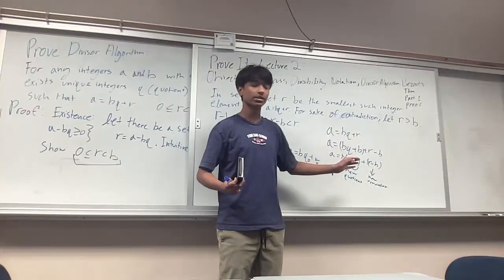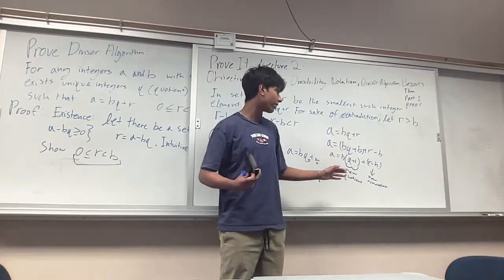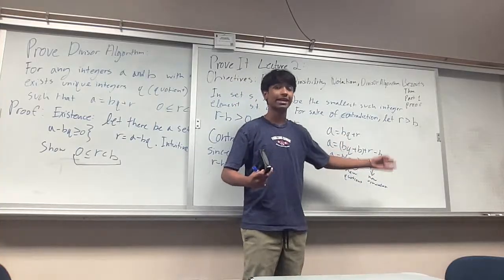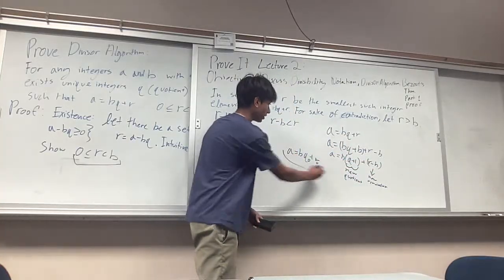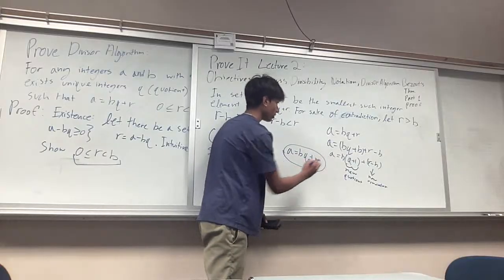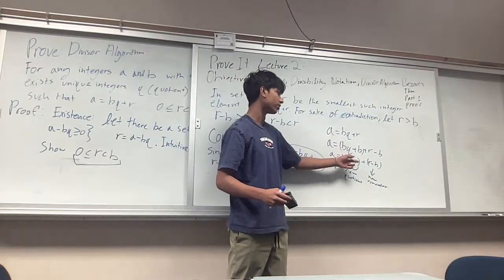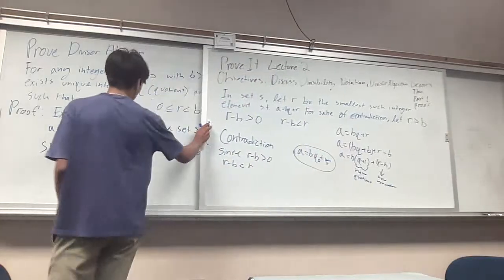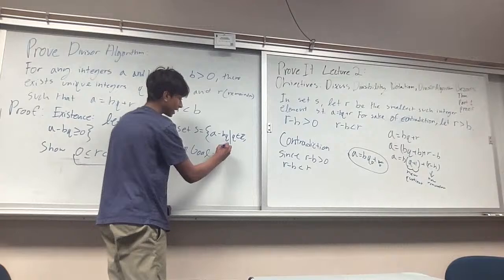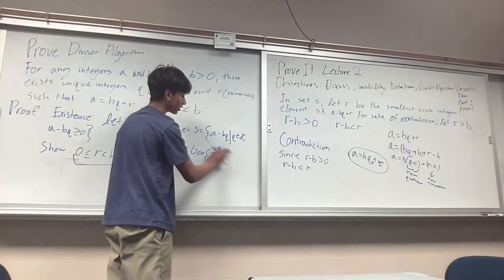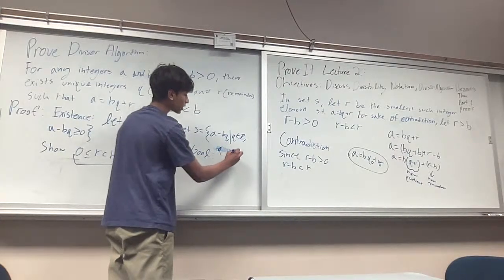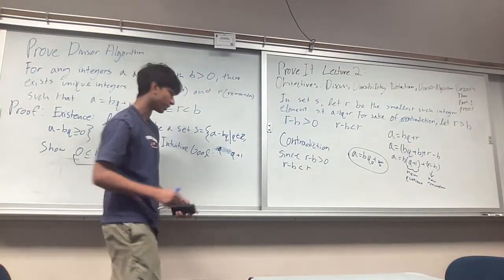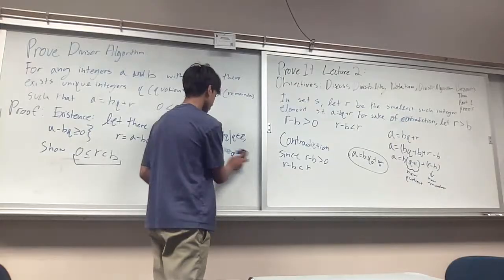I'm making manipulations to change the form to show that there exists a smaller integer with these definitions, r minus b, that still satisfies the condition of this form. q plus 1 was not defined as a set integer. It's just in the set. If q is an arbitrary value in the set, then q plus 1 also exists in the set, because this is accounting for all integers q. Any other questions?